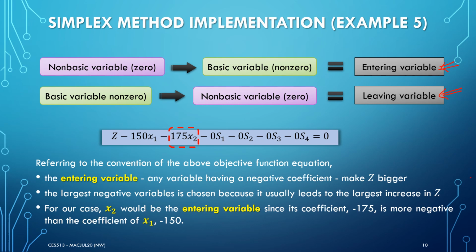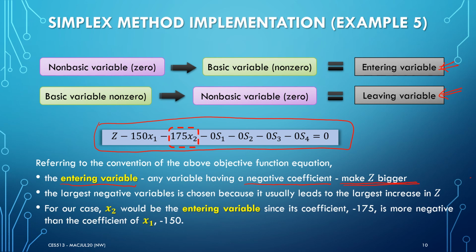Because of the convention by which the objective function is written, the entering variable can be any variable in the objective function having a negative coefficient. So we can check here, the entering variable can be any variable having a negative coefficient in this objective function, because this will make z bigger.